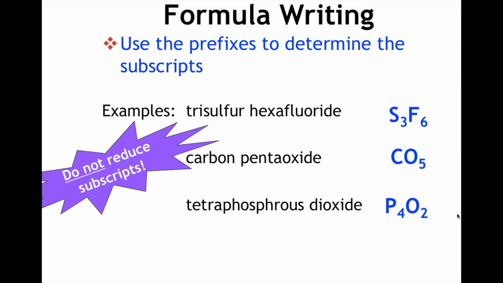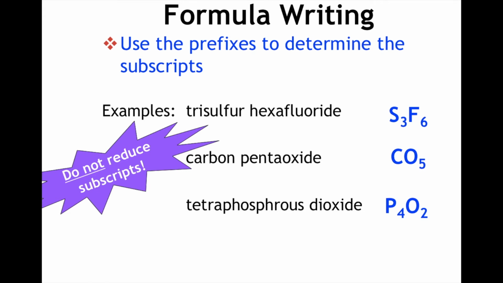And I'm glad this is here because I almost forgot to tell you: don't reduce the subscripts. For example, with ionic bonding, this would be a no-no, right? We would have to reduce it to SF2. But on molecular compounds, they are bonded this way, so you do not reduce these subscripts. In every molecule, you will for sure find 3 sulfurs and 6 fluorines in trisulfur hexafluoride. In ionic bonding's case, it's a crystal.